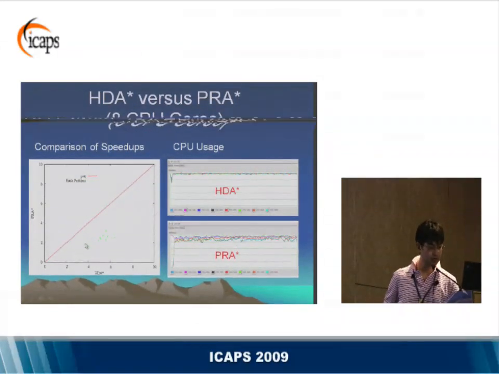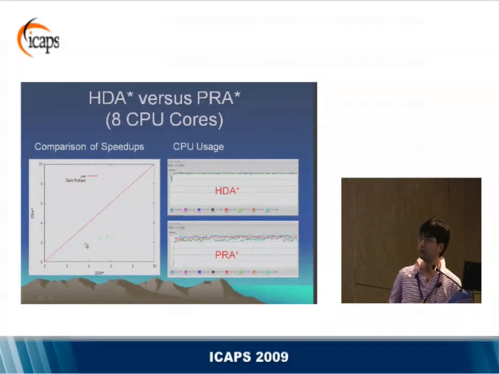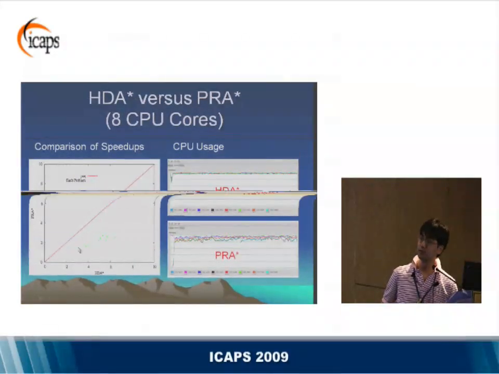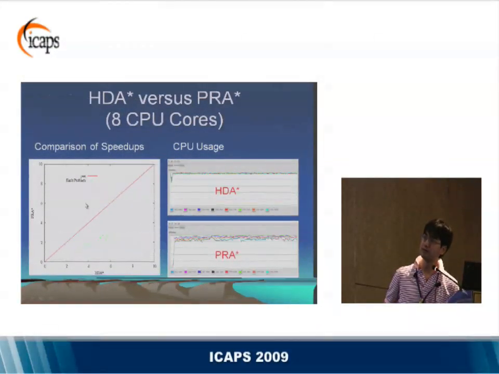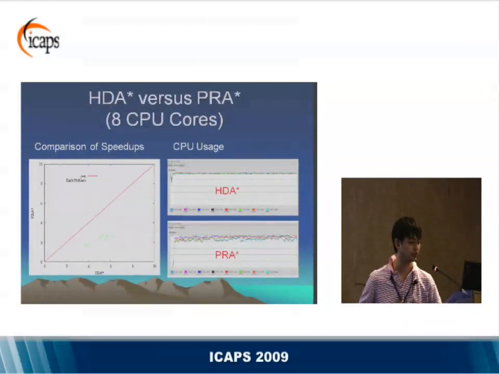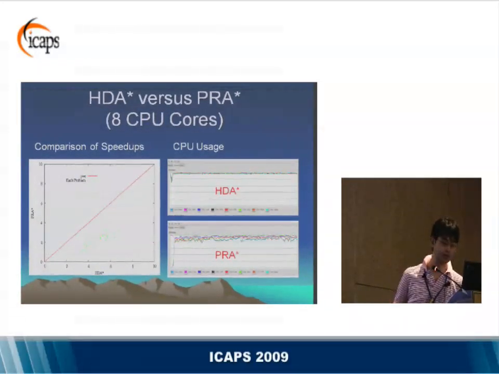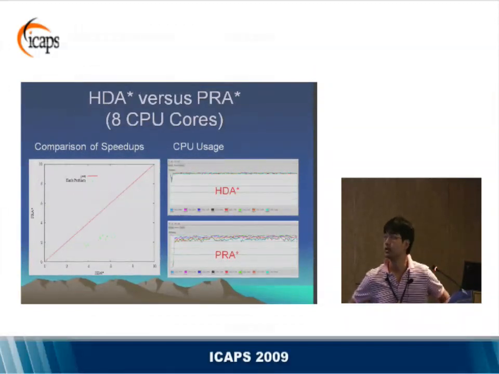And this is for each problem, and if this plot is below this linear line, that's a win for HDA*. HDA* is faster. But if this plot is above this line, this means that PRA* was faster than HDA*. And as you can see clearly, HDA* wins by a large margin.